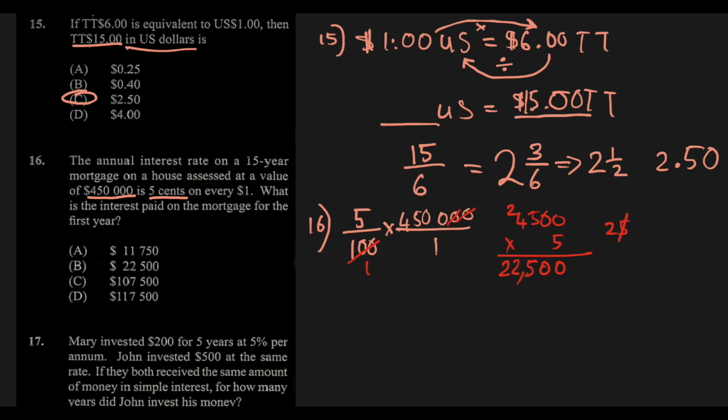So I have to pay $22,500 every single year. They wanted just the first year, so our answer is this. If they wanted 2 years, we would double this, 3 years, triple it, and so forth.